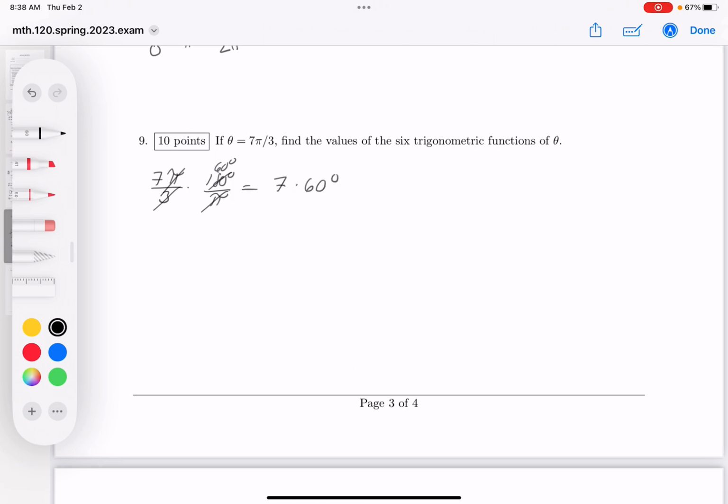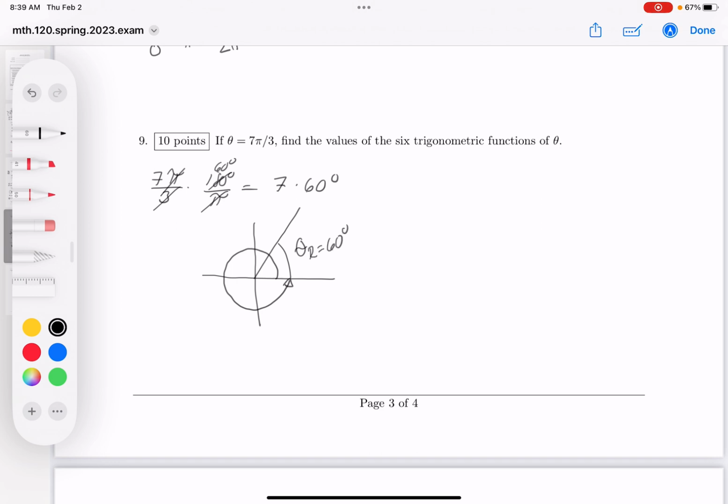So someone says, how are you going to do that? The way I've always done it, I visualize it, all right? So, if I just did this, that would be 6 times 60 degrees, because 6 times 60 degrees is 360 degrees. But I got to go more. So the reference angle of this one is 60 degrees.